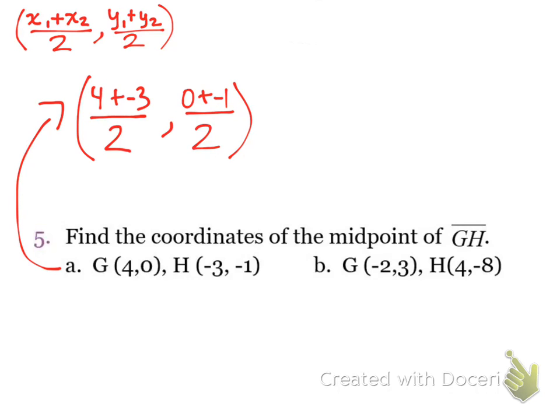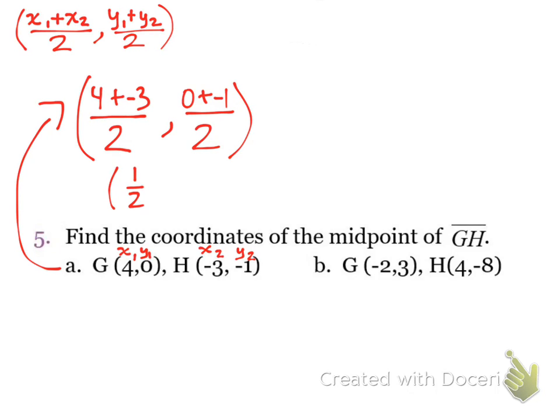Okay, so just plug in your x1, x2, y1, y2. Remember our ordered pairs always go x comma y, x comma y. You can put the 1s and 2s in there if it makes you feel better. Okay, then all we have to do is start simplifying it. What is 4 plus negative 3? 1.